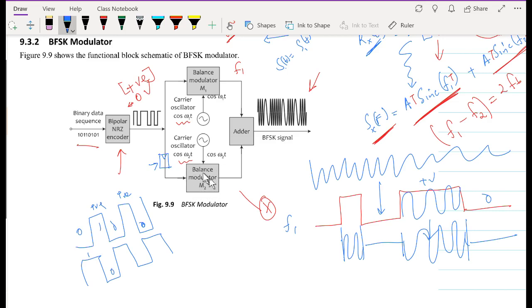And therefore, when we multiply with the modulator M2, the zeros are going to generate the lower frequency component, because we are going to be having zeros coming here.